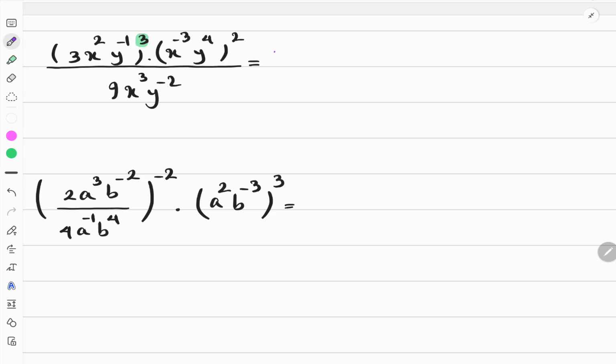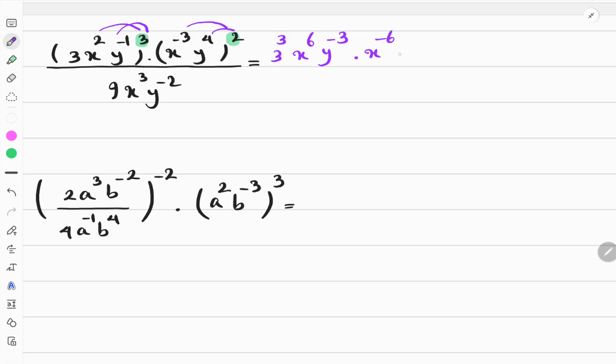So we will have 3 cubed times x to the power of 2 to the power of 3, which gives us 6, and y to the power of negative 1 raised to 3, which gives us y to the power of negative 3 times x to the power of negative 3 raised to 2 is x to the power of negative 6.